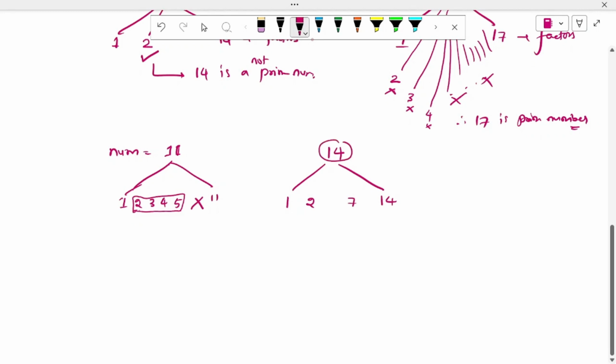This is divisible by 7 because it is divisible by 2. After 7, 14 will never be divisible by any of the numbers. Can you observe that? It is the case with all the numbers. And so we are going to exploit this particular property of numbers to identify whether a given number is prime or not. Okay.